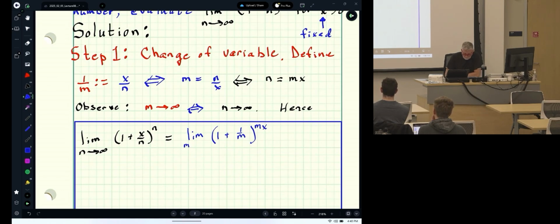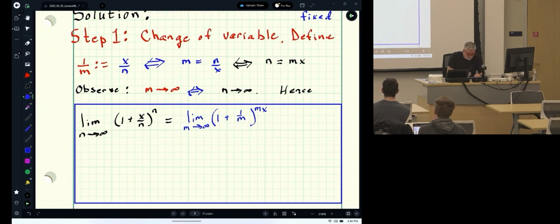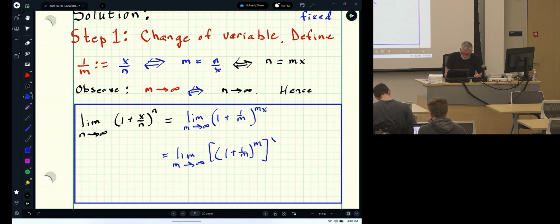So this is m goes to infinity. But when you have a quantity raised to a power, this is the same as the limit as m goes to infinity of (1 plus 1 over m) to the m, raised to the power x.